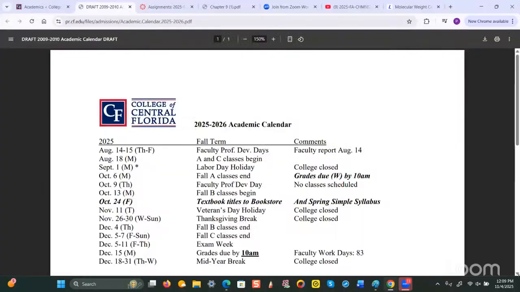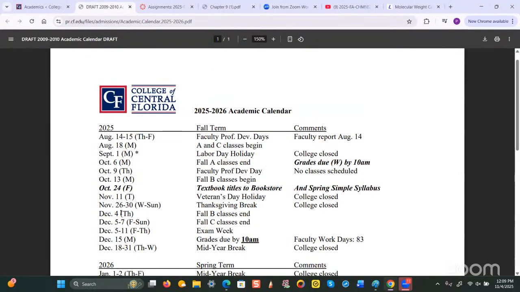Okay, so. Oh, the college is closed, I didn't realize that. All right, so I'll be seeing you the week after that day. All right, so no classes next week, Tuesday.